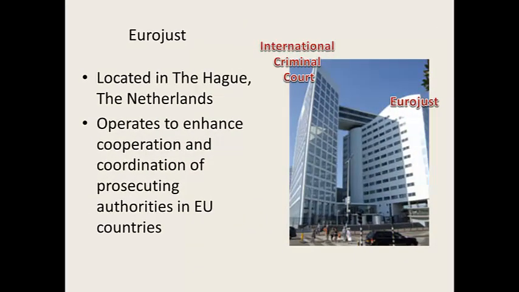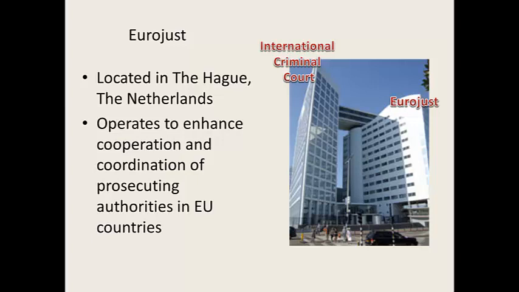As I mentioned, Eurojust does a similar type of thing, but for the prosecutorial agencies within the European Union. So just as the police are sharing information, so too are the prosecutors. This can be helpful in trying to track down suspects or determine how information can be gathered about a suspect in a different country.